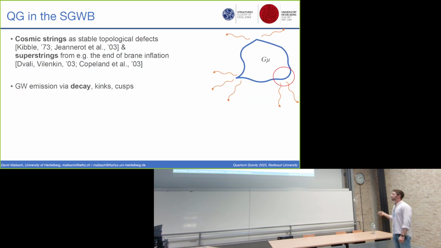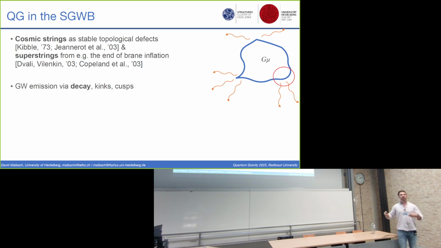But for now, I have to say I'm very biased because I worked a lot together with my former supervisor Robert Brandenberger. I want to focus on cosmic strings. They can arise as topological defects from phase transitions in the universe or from superstring theory. And the reason why I focus on them, and why they are so interesting in my opinion, is that whether you detect them or not, it's basically a win-win situation, right?